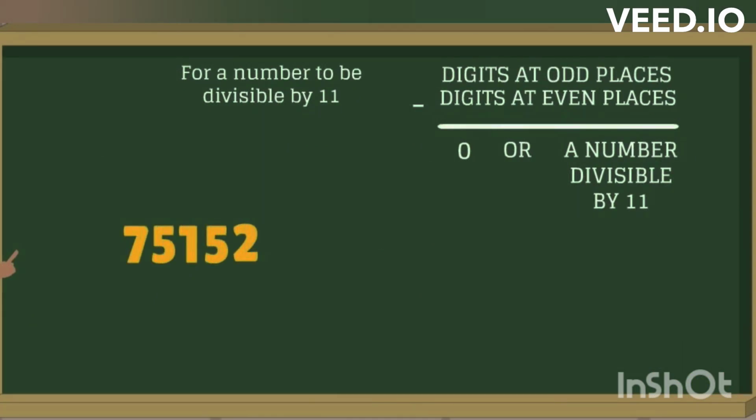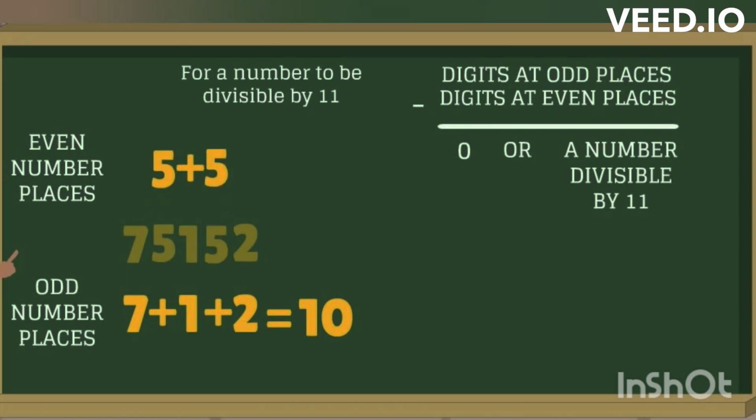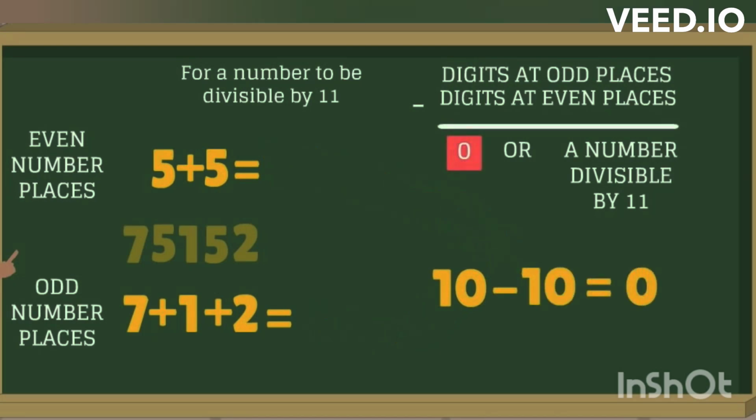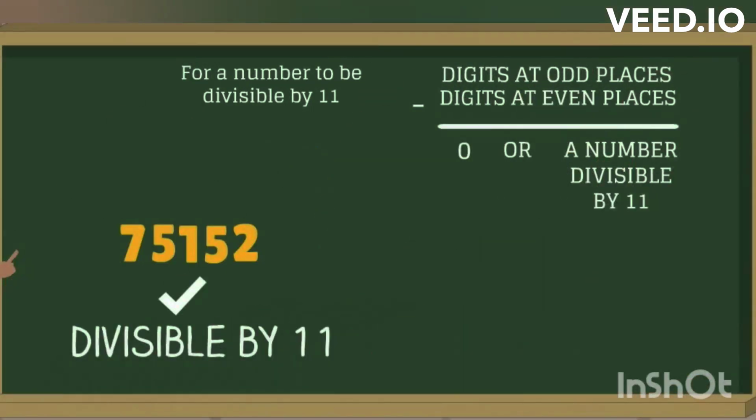75,152. The sum of the digits at odd number places, 2 plus 1 plus 7, equals 10. The sum of the digits at the even number places is 5 plus 5, which is also 10. These two give the result 0. So 75,152 is divisible by 11.